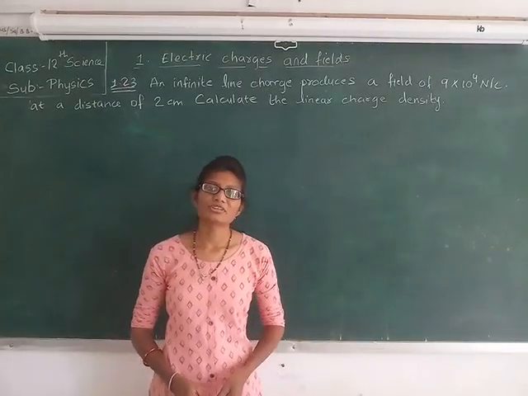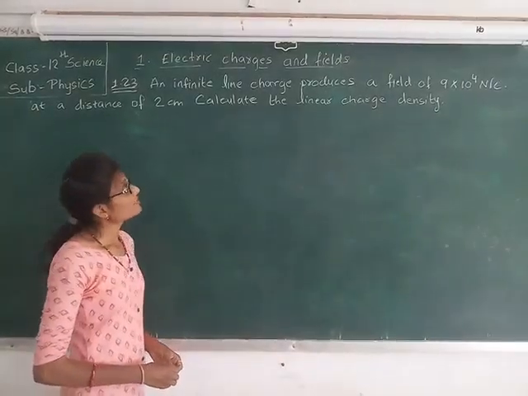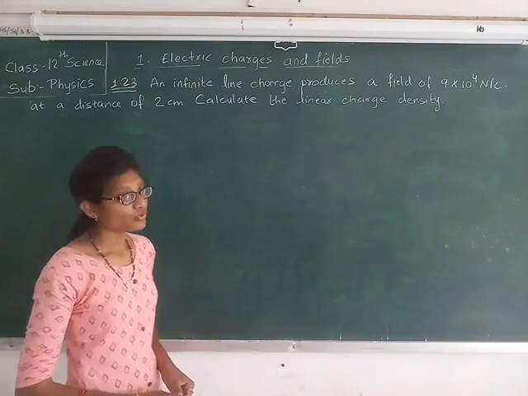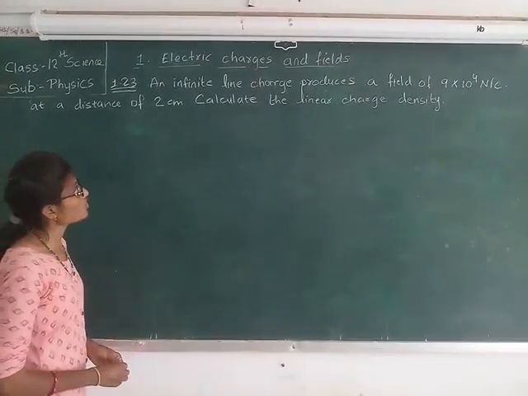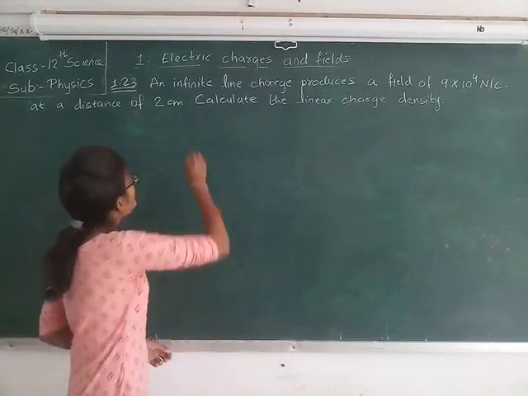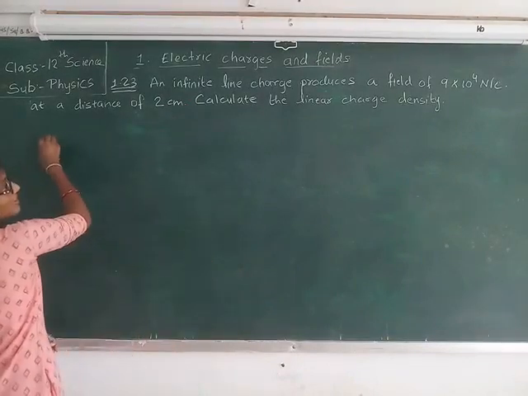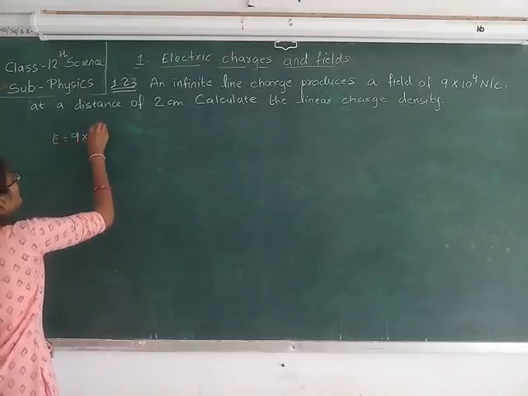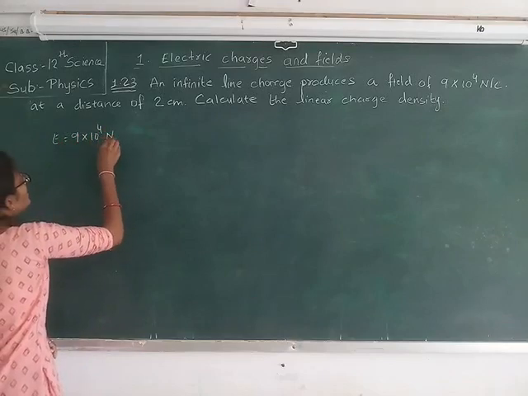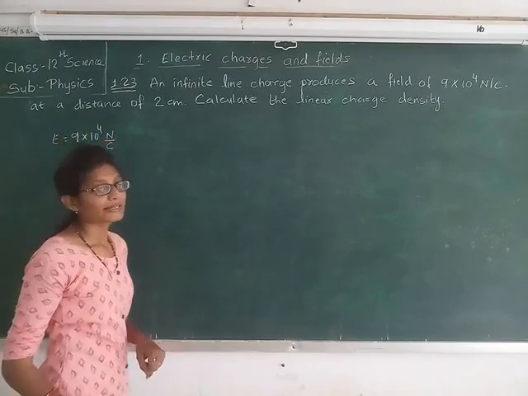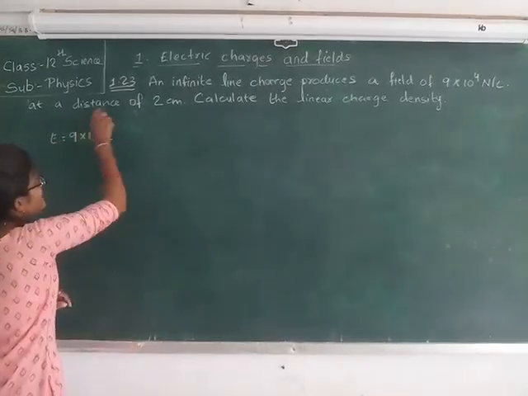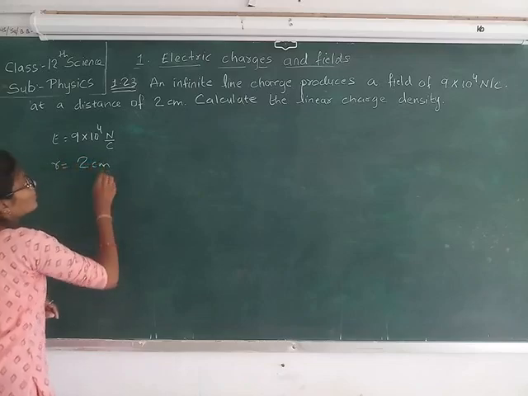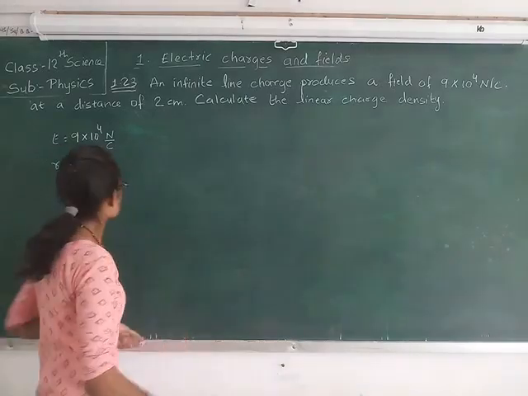Now let us solve numerical number 24. An infinite line charge produces a field of 9 into 10 raised to 4 Newton per coulomb at a distance of 2 centimeter. Here we are given the electric field 9 into 10 raised to 4 Newton per coulomb, and this electric field is at a distance of 2 centimeter from the infinite line charge.